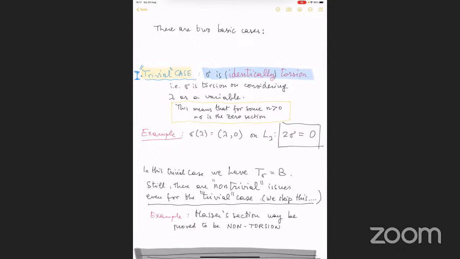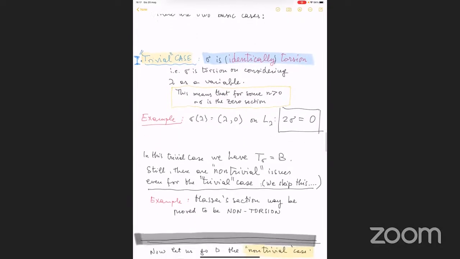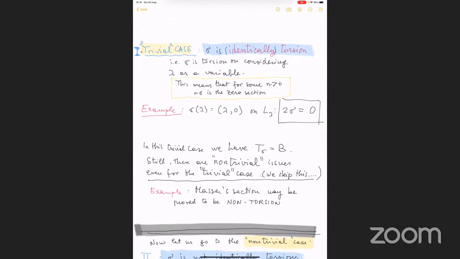Here is the simplest possible example, apart from the 0 section itself. If we take the section with the abscissa lambda on the Legendre curve, if you put x equal to lambda, you obtain y equals 0. So we have the section which assigns to each lambda the pair (lambda, 0), which lies on L lambda.